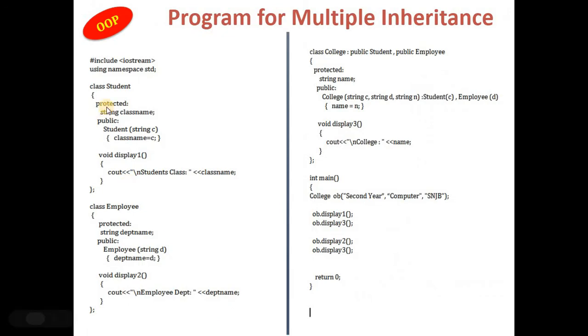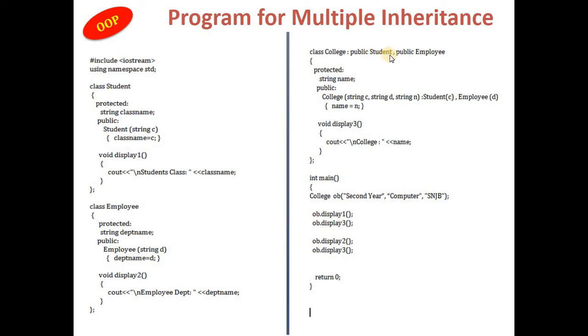If you see the program, class student is there, which has a display one function and a string class name as a data member. Class employee has department name as its own data member and a display two function. These have their own constructors initializing the values of their own data members. Now class college takes the value from student and shares the properties of the employee class also.